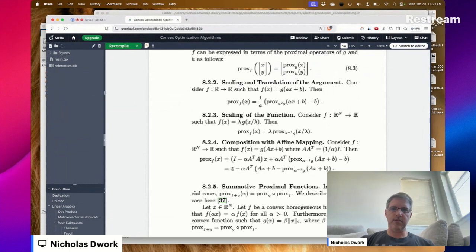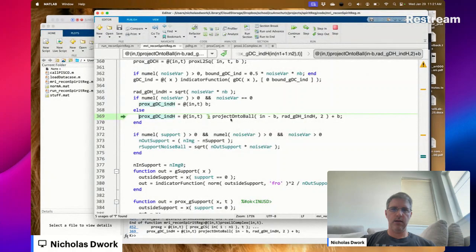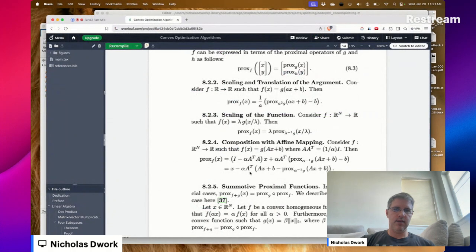So prox of f is equal to n minus. We definitely don't have that. Oh, n minus, this is I, so n minus n, that goes away.